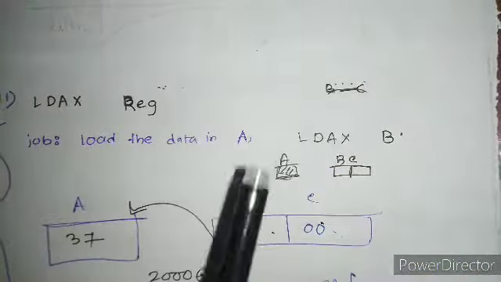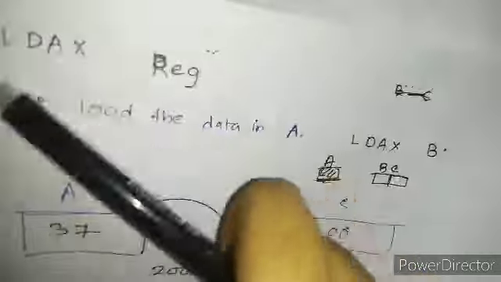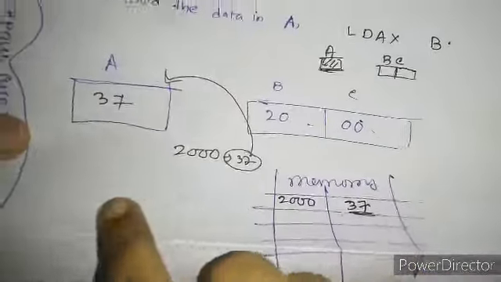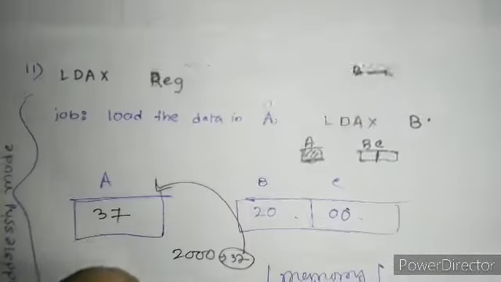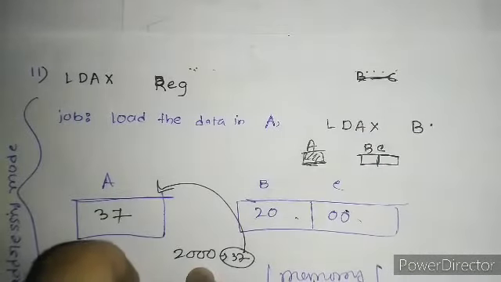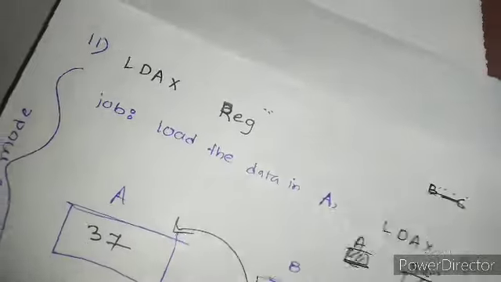We are actually storing or loading the data from that particular address. This is called indirect addressing mode. The address is there, but registers are used. This is indirect addressing mode. Please do watch that addressing mode video, otherwise you will not understand. So these are the main instructions that are used.